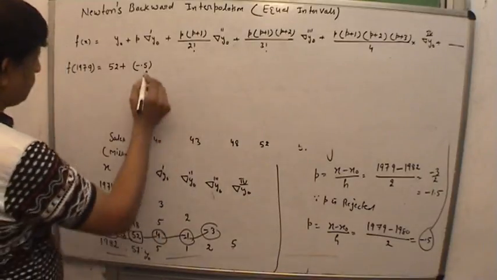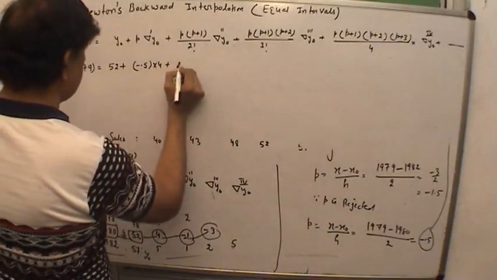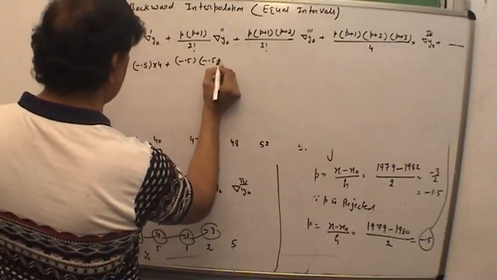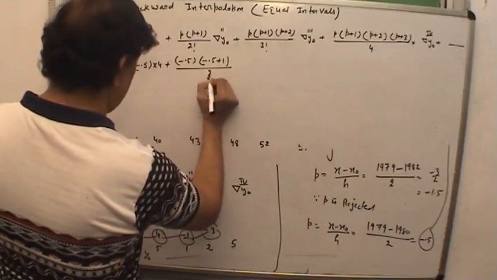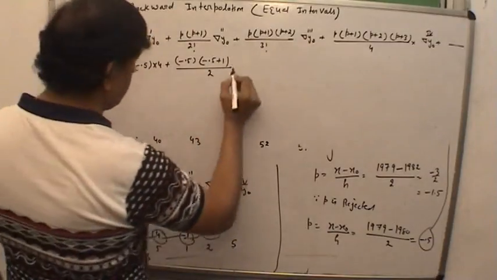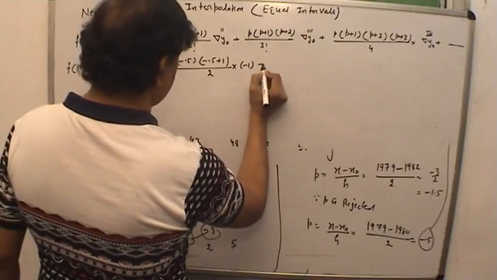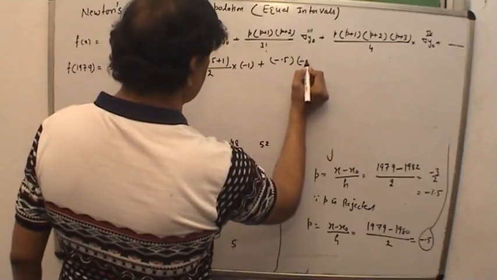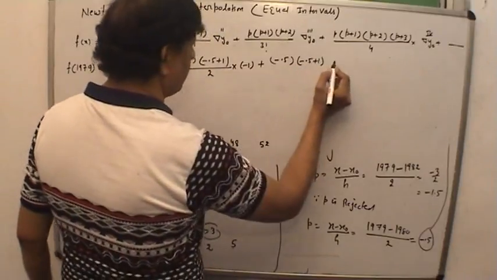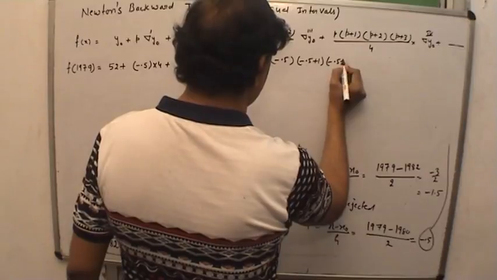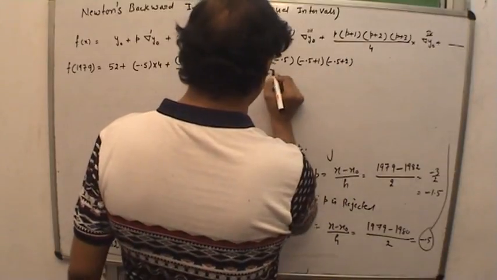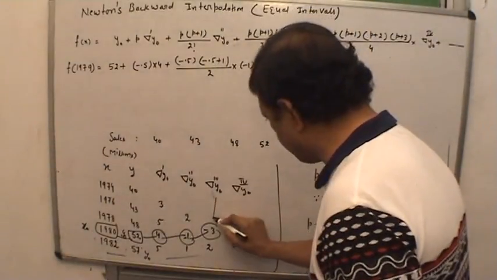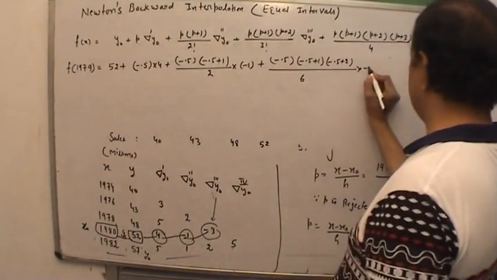Delta 1 is 4, plus minus 0.5 into minus 0.5 plus 1 divided by 2. For delta 2 we consider minus 1, plus minus 0.5 into minus 0.5 plus 1, minus 0.5 plus 2, divided by 6 factorial into delta 3. Here is the reverse delta, that is minus 3.